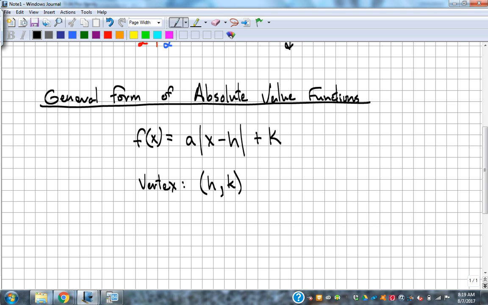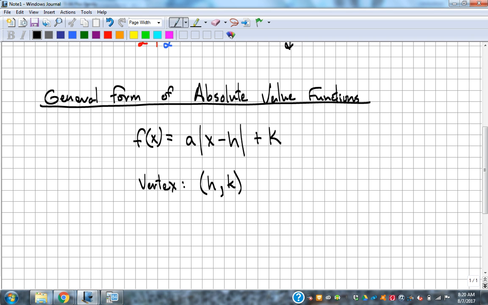Whatever's added or subtracted inside the absolute value, that's going to be the x value of your vertex. Notice it's a minus sign there and it's positive h out here. It changes signs. And then k, whatever's added or subtracted out here, is the y value of your vertex. So if it's plus 5, it would be positive 5 for the k. If it's minus 5 on the outside, it'd be negative 5 for the k. The h changes signs, and we'll see some examples of this, and you'll start catching on to that.